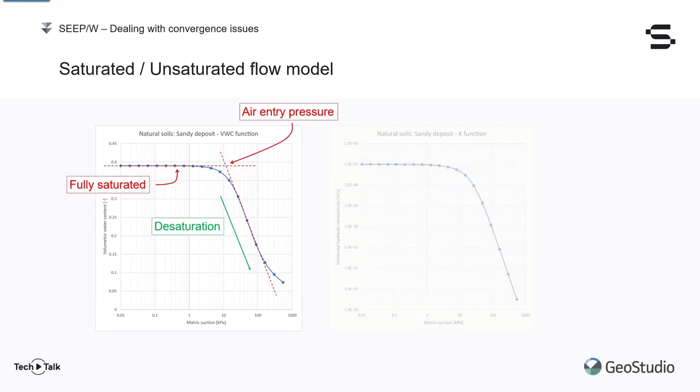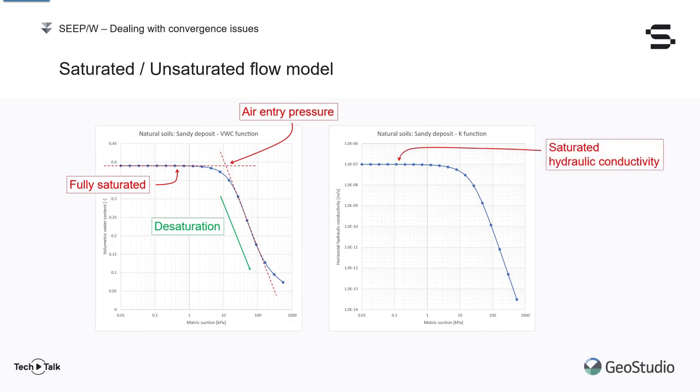The second function needed to complete the model definition is the hydraulic conductivity function. While we measure the volumetric water content function through the desaturation process, we also measure the speed at which water is drawn out of the sample. Similarly then, the saturated hydraulic conductivity is located to the left side of the plot at the lowest matrix suction values.